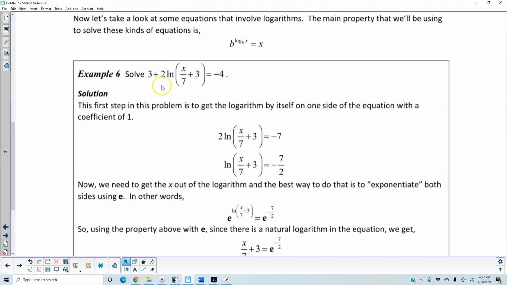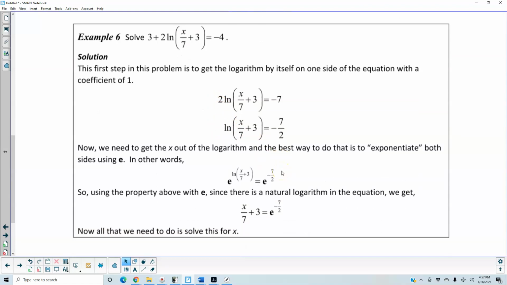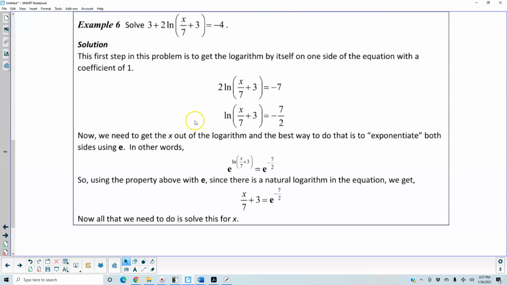So the first thing we're going to do is subtract 3 from both sides, so we get -7 on the right-hand side. And then we're going to divide by 2. So now we have the natural log of x over 7 plus 3, which is equal to -7 over 2. Now, we need to get the x out of the logarithm, and the best way to do that is to exponentiate both sides using e.